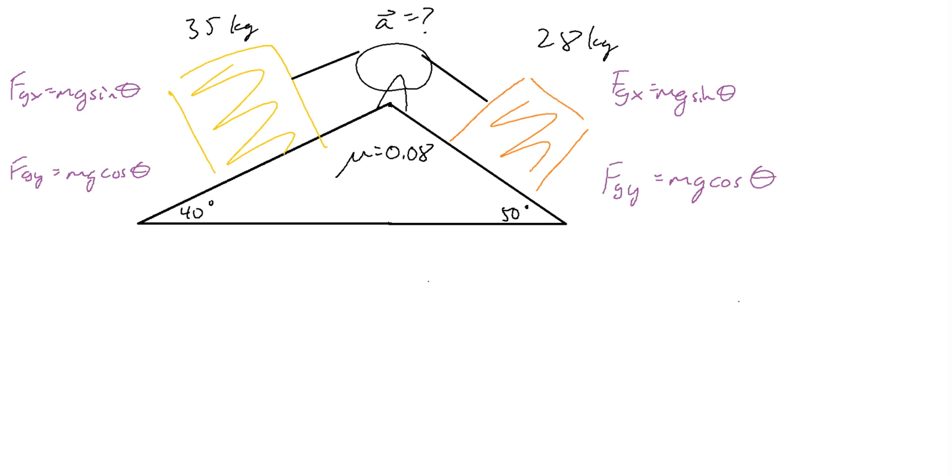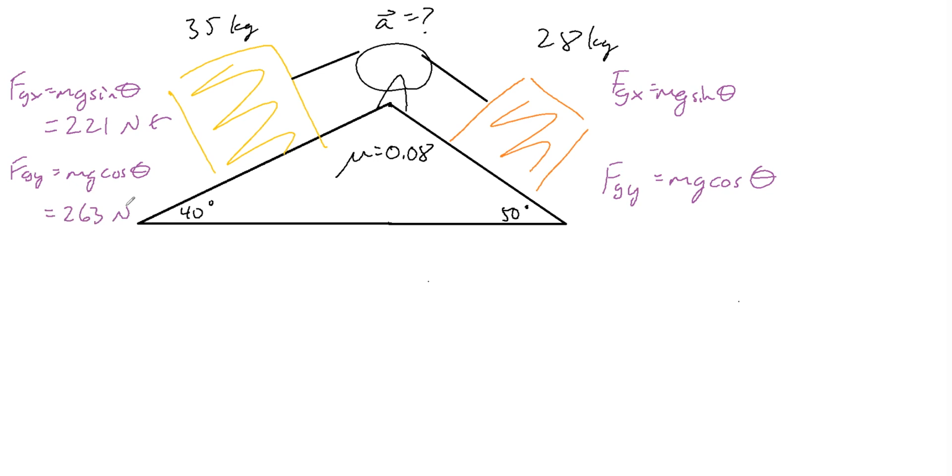So on the left-hand side, I punch out the 35 times g times sine theta and then times cos theta. My FGX, we're looking around 221 newtons, and it's trying to pull it to the left. And my FGY is around 263 newtons.